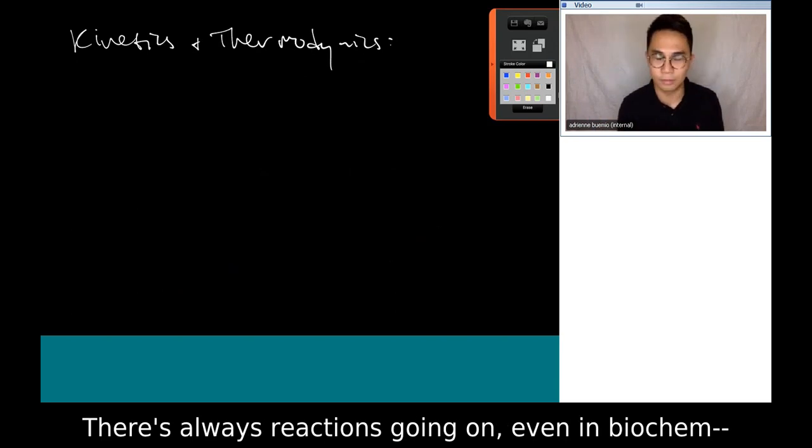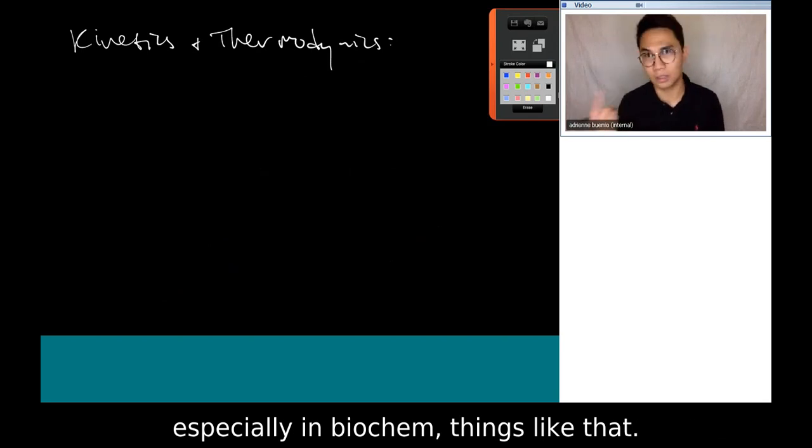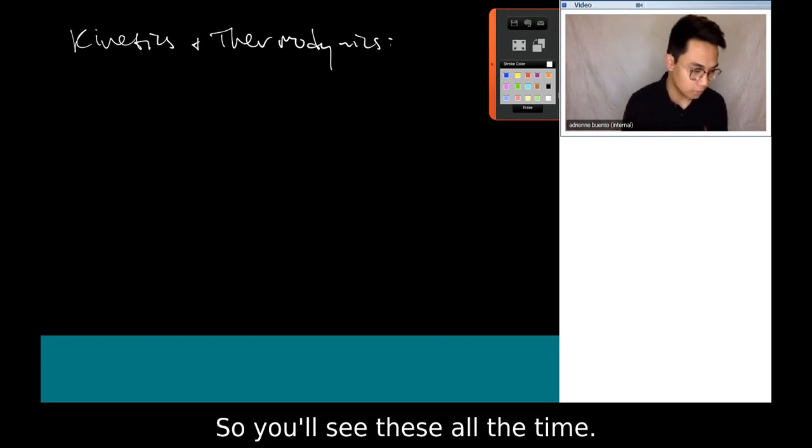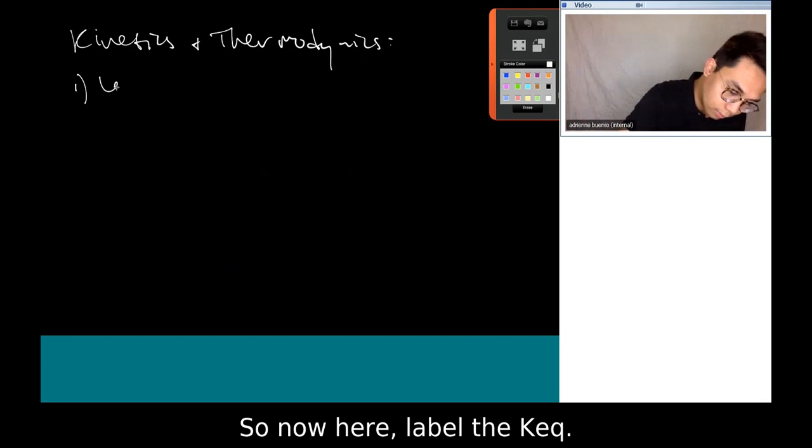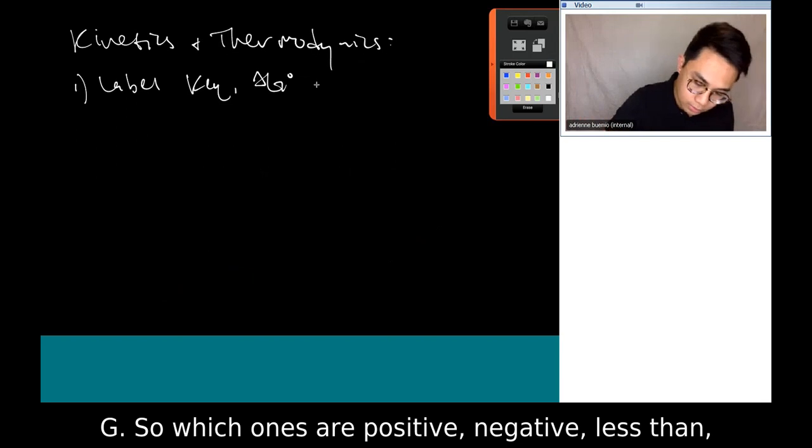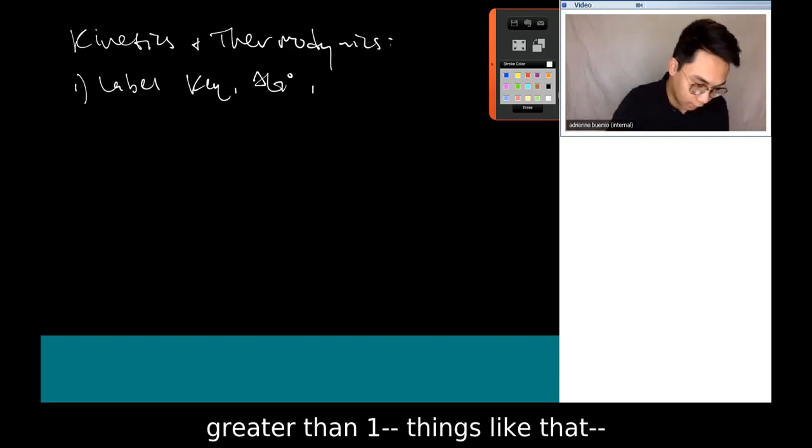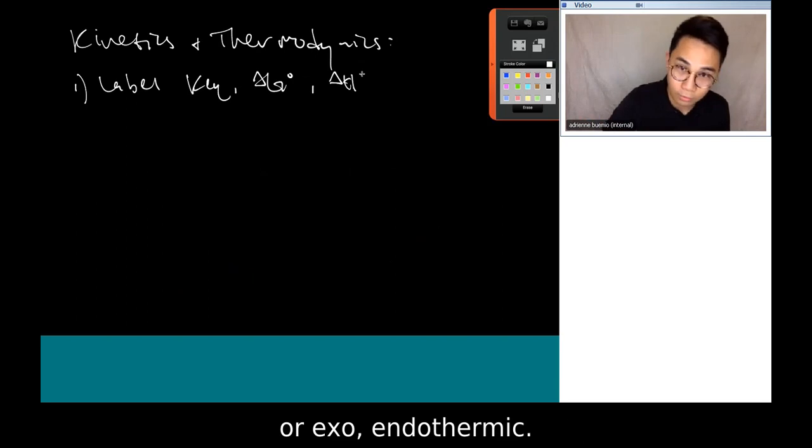There's always reactions going on, especially in biochem. So you'll see these all the time. So now here, label the KEQ, G. So which ones are positive, negative, less than, greater than one, things like that, or endothermic.